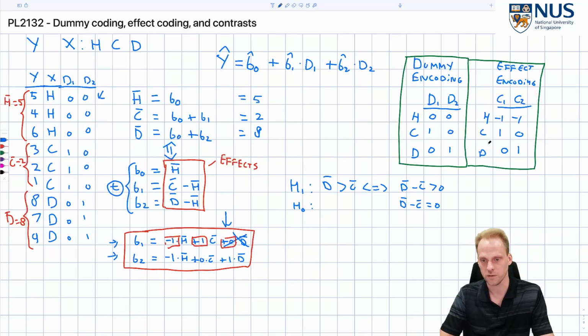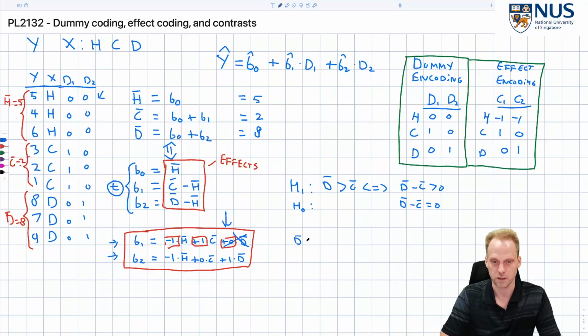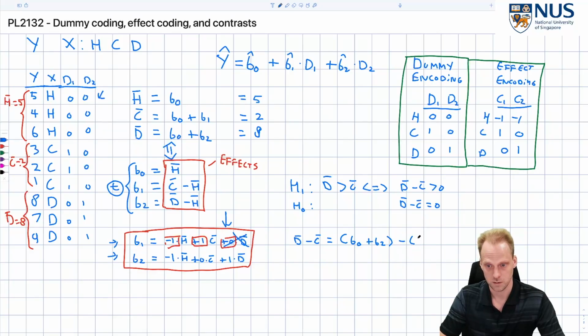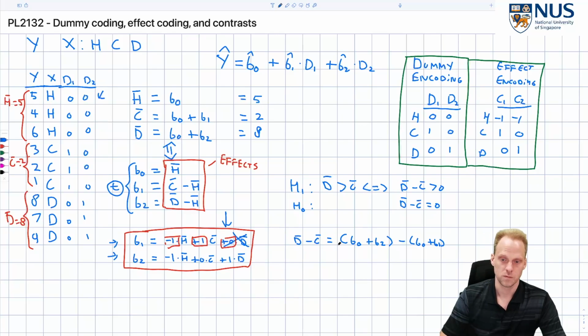But the thing is, I do actually have this information. Let's see what happens if I write the difference between the mean of dogs and the mean of cats. Well, I get the mean of dogs, which is B0 plus B2, minus the mean of cats, which is B0 plus B1. So then this B0 drops out, and we're left with B2 minus B1.